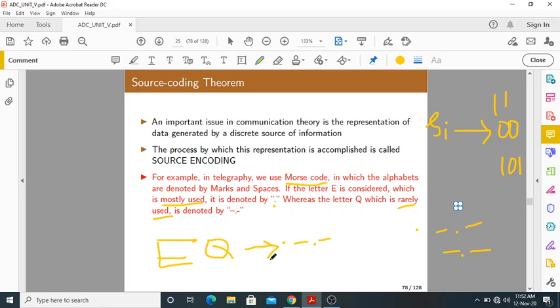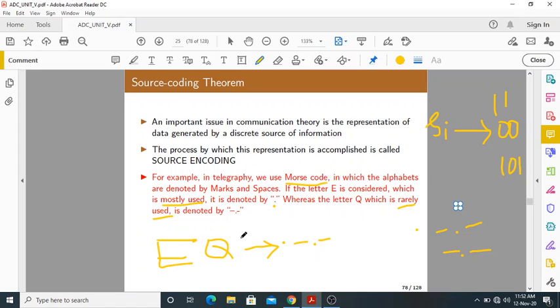At the same time, a letter which occurs very frequently is given the smallest length code word. One thing we need to understand here is that a letter which occurs very frequently is given a small code word, whereas a letter which occurs very rarely is given a longest code word.